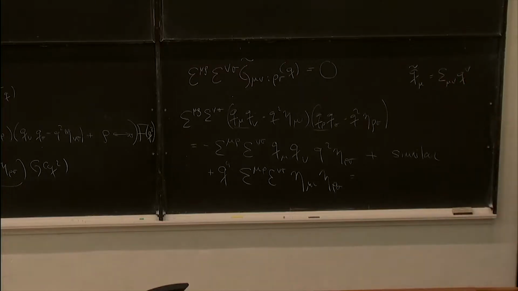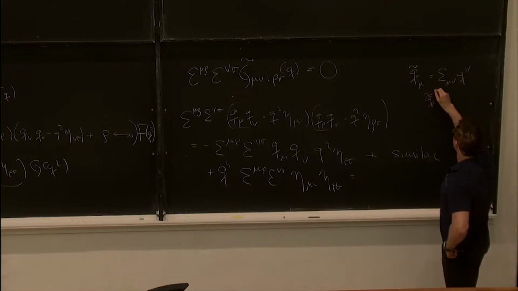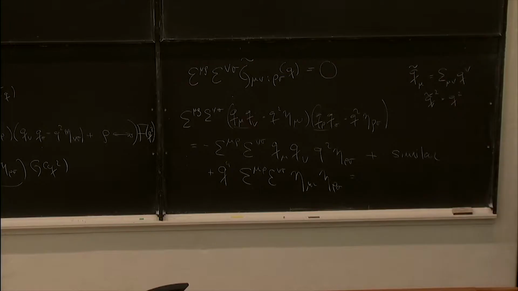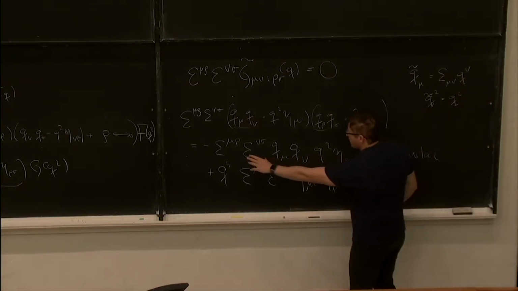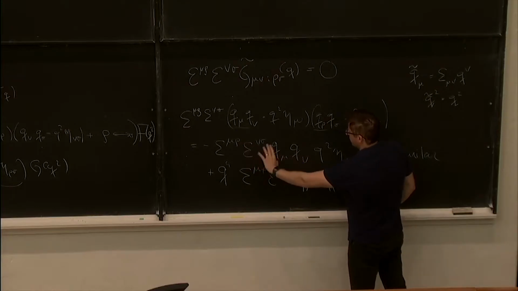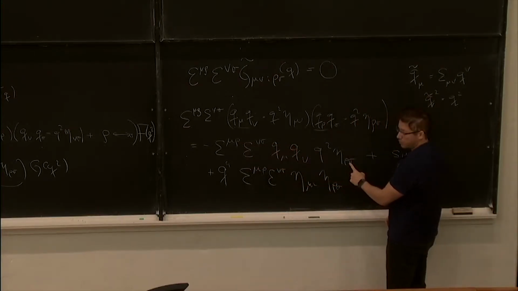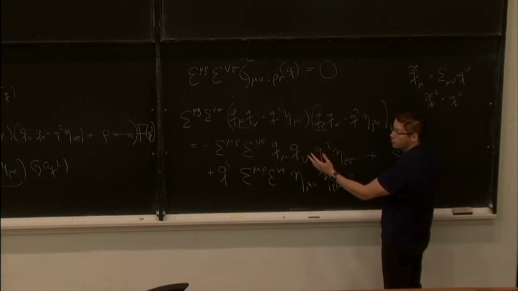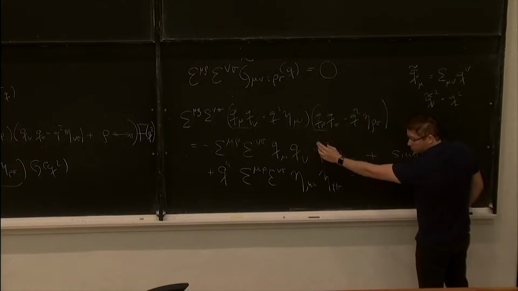You can check that it satisfies the property that q twiddle squared is the same as q squared. With this little trick, this gives you q twiddle, this is another q twiddle, then they're dotted into the eta symbol, and you get q twiddle squared. But q twiddle squared is the same as q squared.